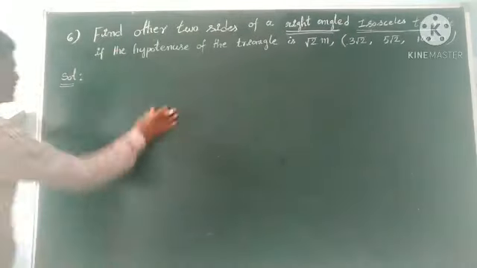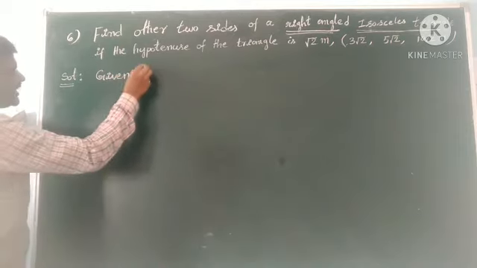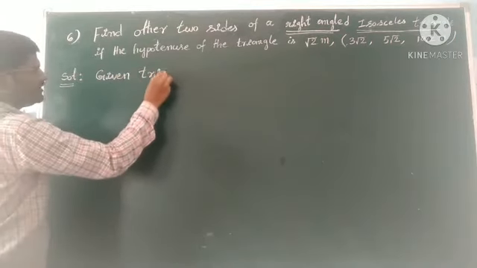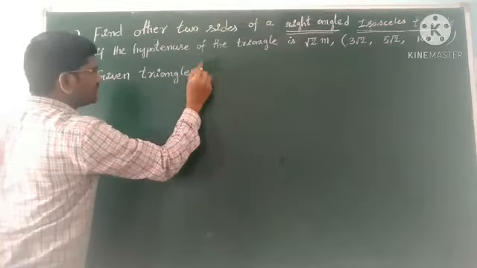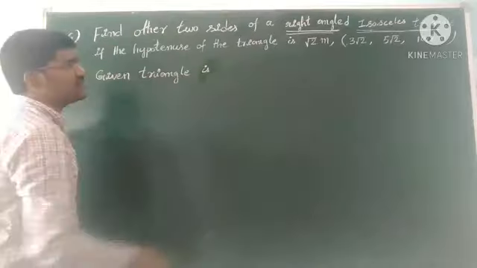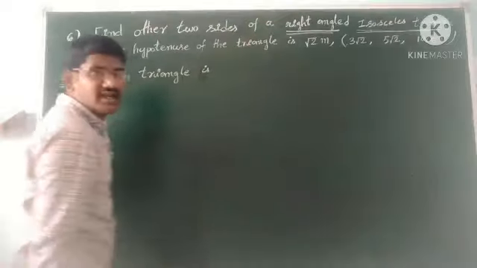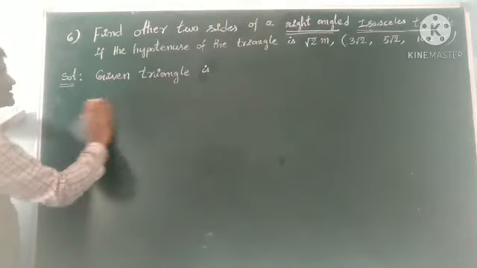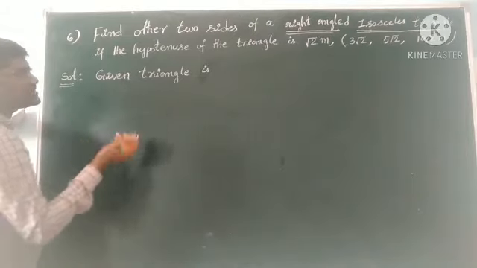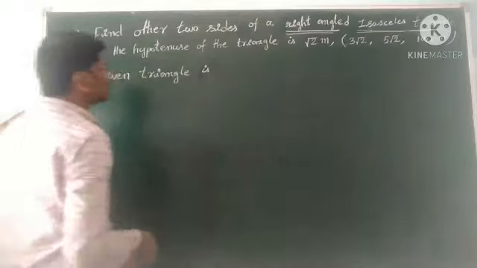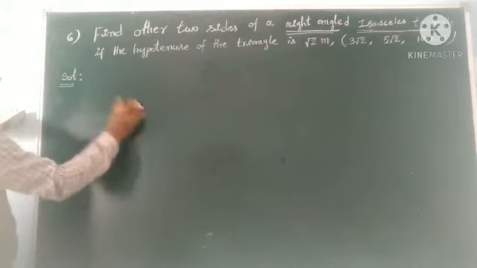So given the triangle is a right angled isosceles triangle, I will take a right angled isosceles triangle.